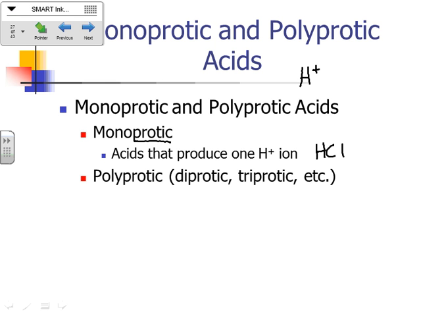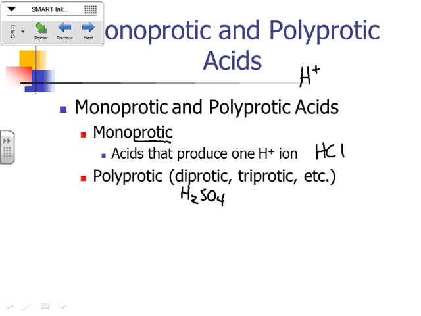Give me an example of a diprotic acid. Well, H2O is a little different. We're going to talk about H2O in a minute here, okay? Give me another example, maybe. Say it again. Sulfuric acid, right? H2SO4 is diprotic. You guys see it? There's 2 hydrogens there, okay?